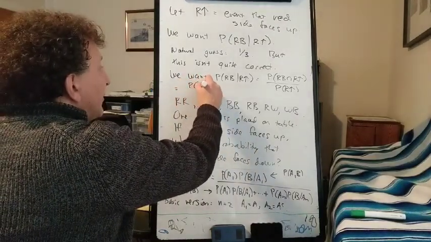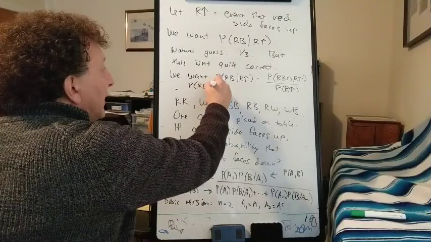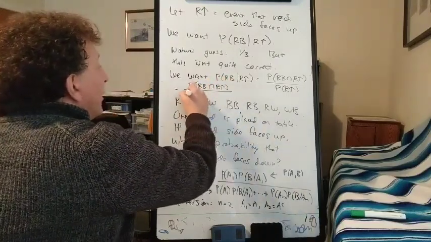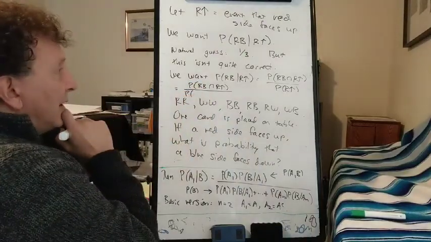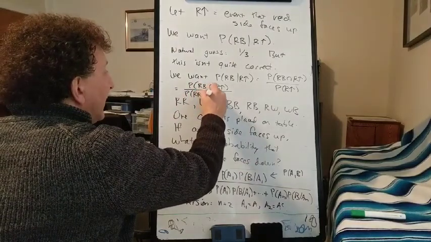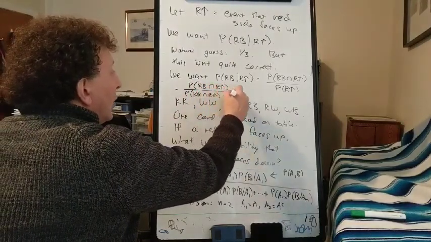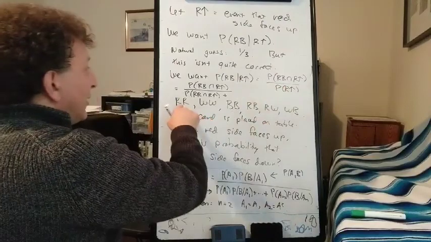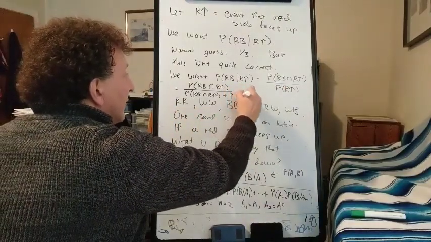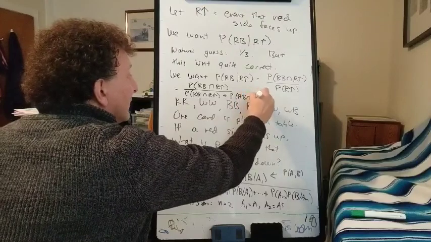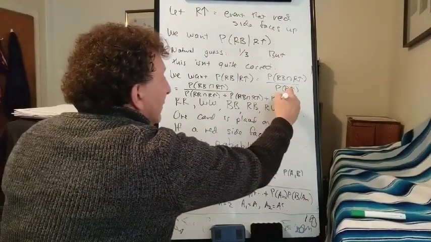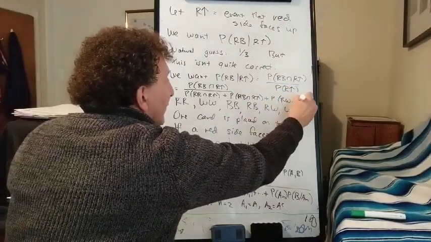So the probability of getting the red-blue card and red faces up, over the probability of, we could get the red-red card and red faces up, or all the ways that red could face up: red-red, red-blue, the probability of the red-blue card and red faces up, plus the probability of the red-white card and red faces up.